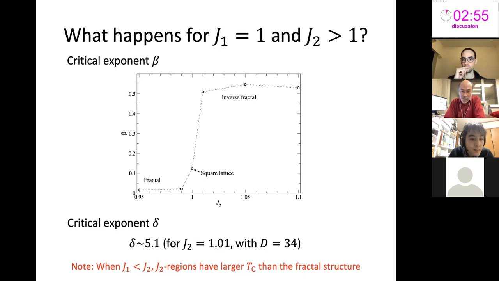Have you checked that sort of analytic calculation? So analytical relation when we are in the inverse fractal regime, if I understood. We actually have not looked into that. That might also be an interesting thing to consider.